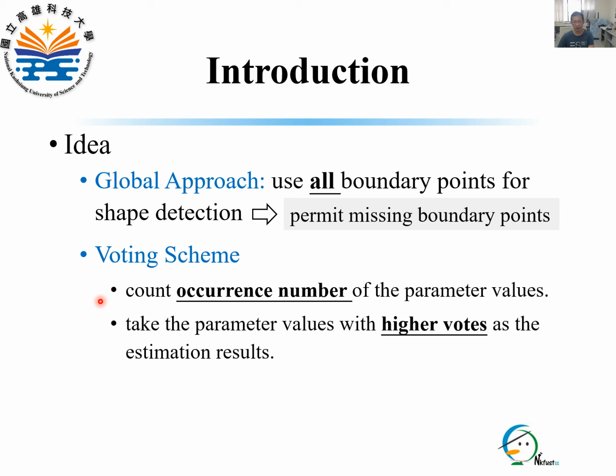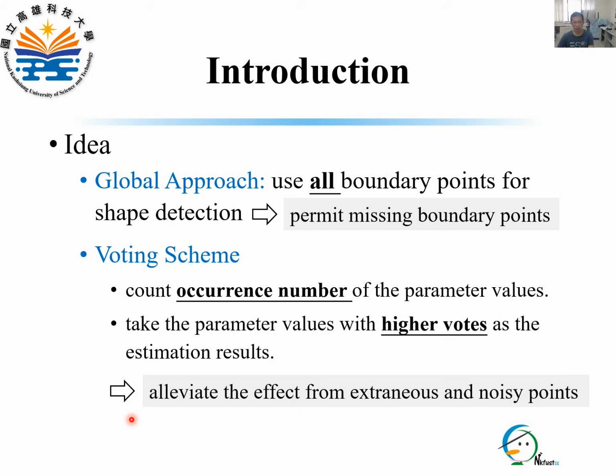It counts the occurrence numbers of the parameter values and takes the parameter values with higher votes as the estimation results. Through voting scheme, Hough transform alleviates the effect from extraneous and noisy points.